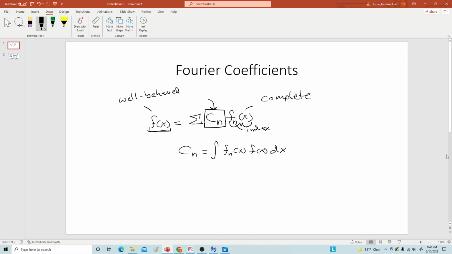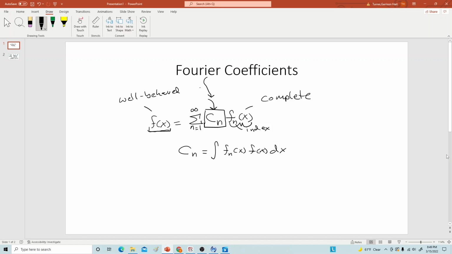So the coefficient here, Cn, is what's called the Fourier coefficient. Okay. And typically these indexes are going to start at 1, so n will equal 1, and it'll go up to infinity. And so the idea is when you multiply the correct coefficient with each function in your complete set, and then sum it all up, you should get your well-behaved function.